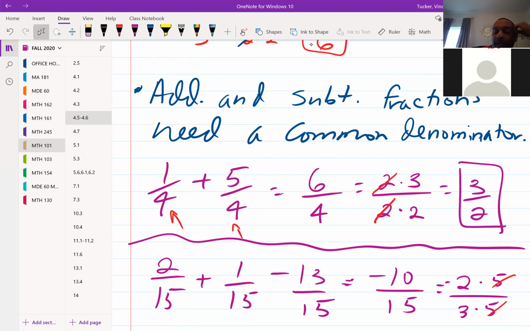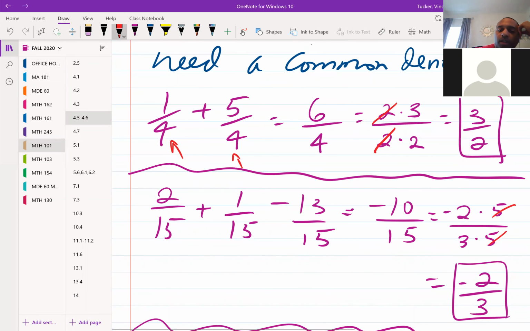Minus 13 would be -10/15. 10 is 2 times 5. 15 is 3 times 5. That negative is still there. The 5's cancel and leaves us with -2/3.